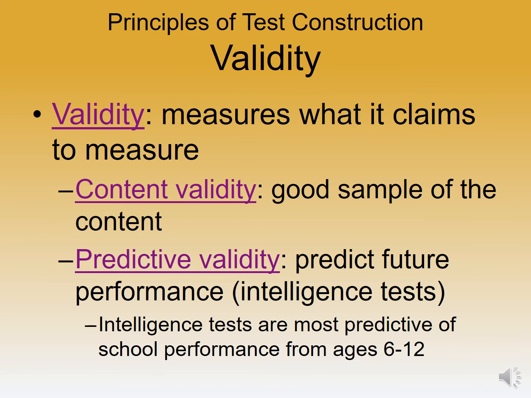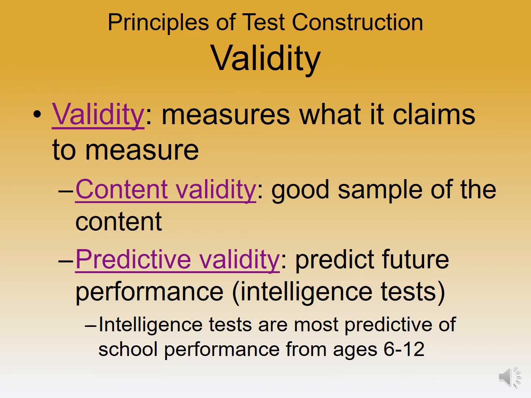The third thing you need for a good test is validity. And validity just means that the test measures what it's supposed to measure. There's a couple of ways that this is looked at. Number one is content validity. Like on the AP US history exam, they are trying to gauge how much you learned in AP US history. And theoretically, if it was a valid test, they would pull from a good sample of the material that was covered in AP US history.